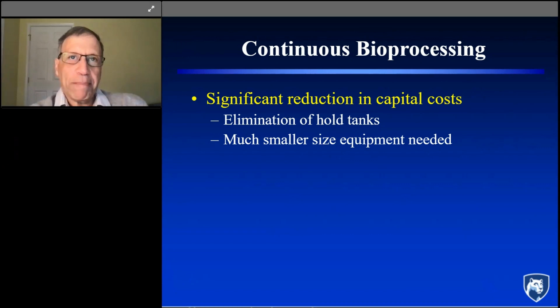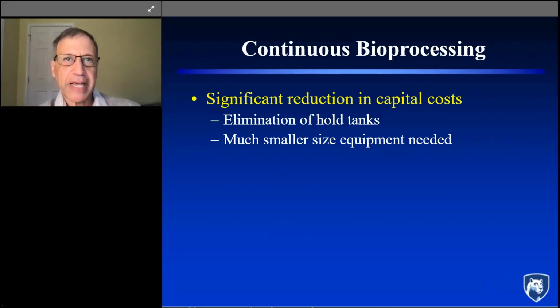Now, why would one be interested in continuous bioprocessing? Well, if you think about the switch from batch to continuous processing, you can eliminate the hold tanks that are required in current batch manufacturing processes if your product moves continuously from one unit operation to another.